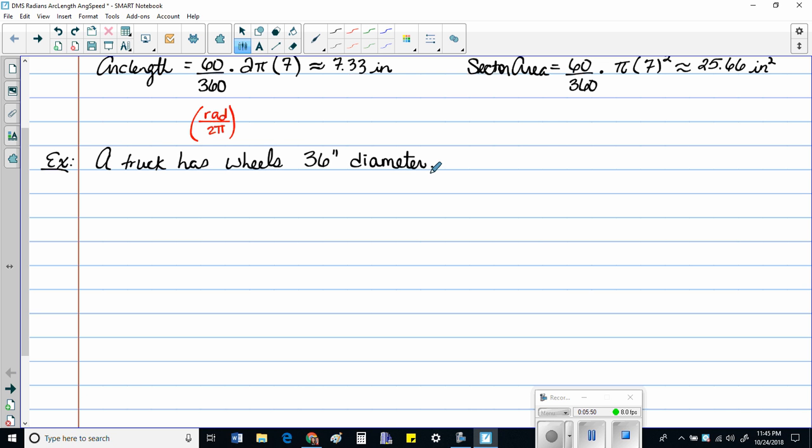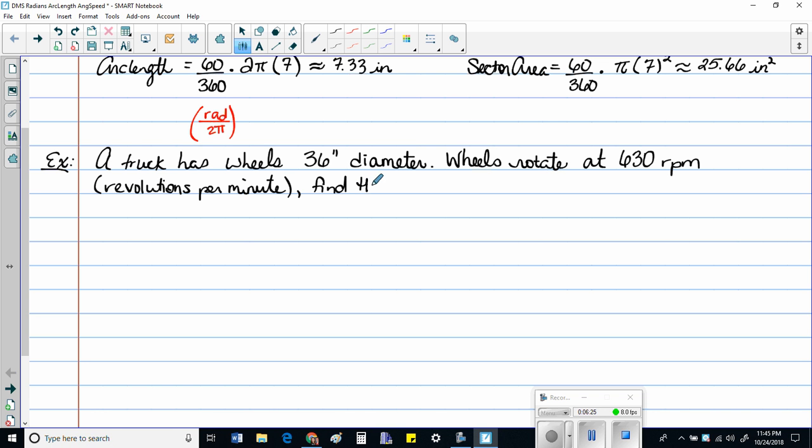If the wheels rotate at 630 RPM, which stands for revolutions per minute, find the truck's speed in miles per hour.